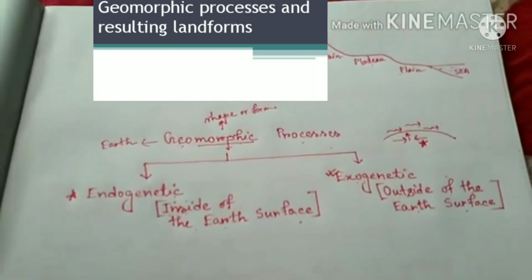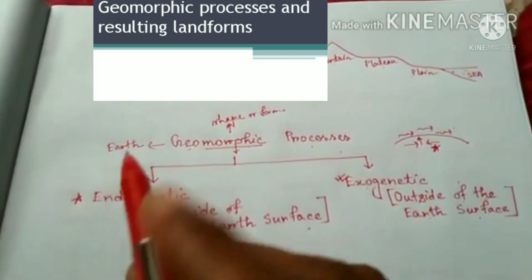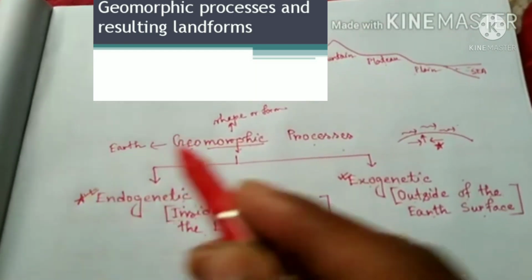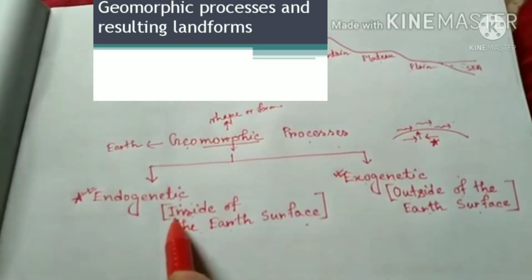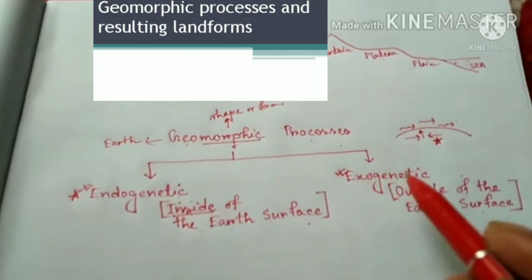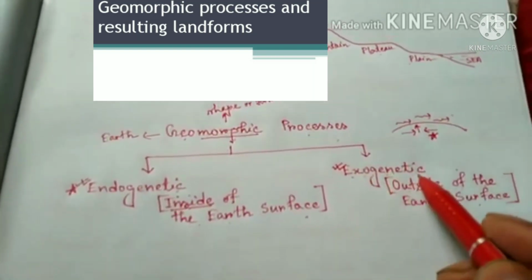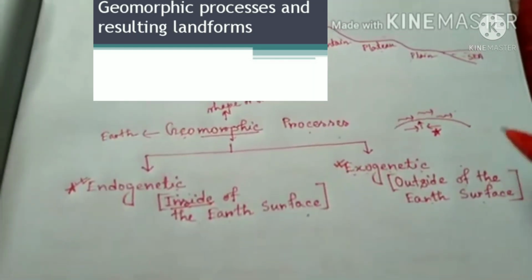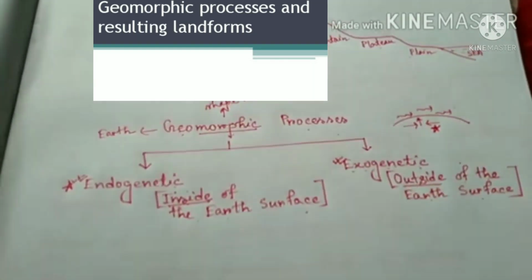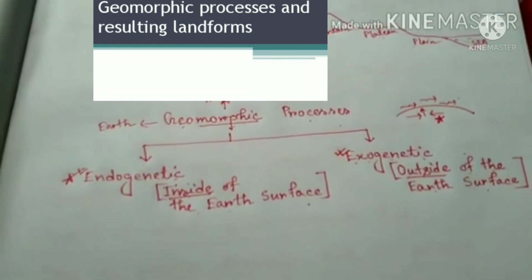So remember the two types of processes. One is endogenetic, the process which works inside of the earth surface, and on the other hand exogenetic, that means the process works outside or above the earth surface.